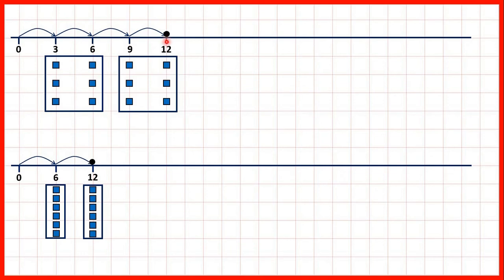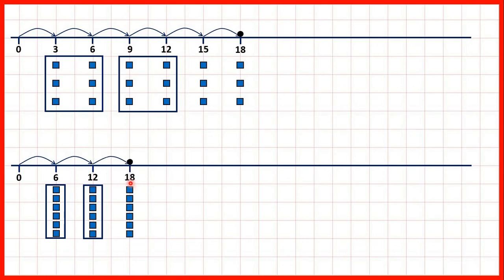If we continue counting in 3s, we have 15 and then 18, and the next multiple of 6 is also 18. We've made 6 more counters in our 3 times table by jumping to 15 and then 18, and of course we've got 6 more counters for our 6 times table.